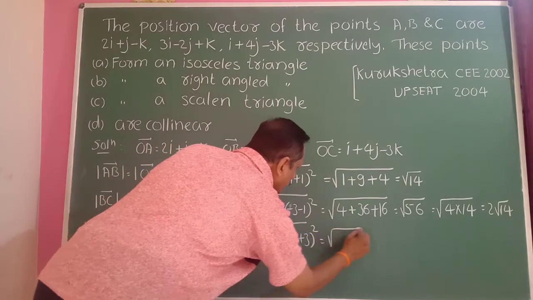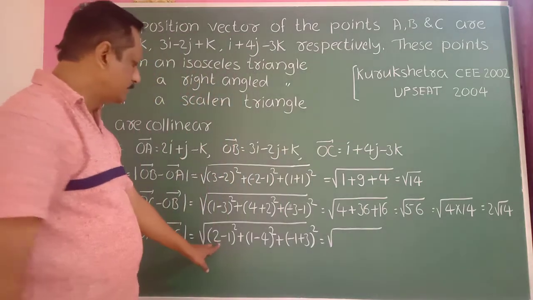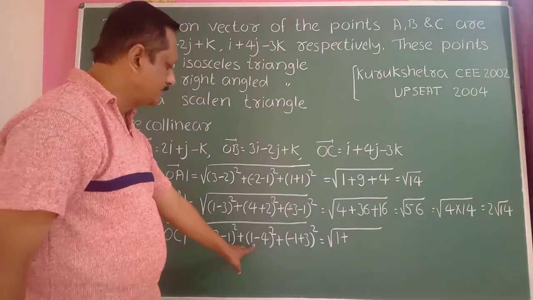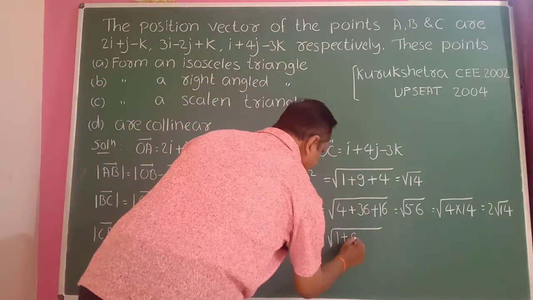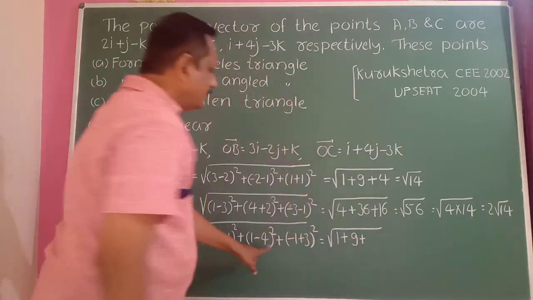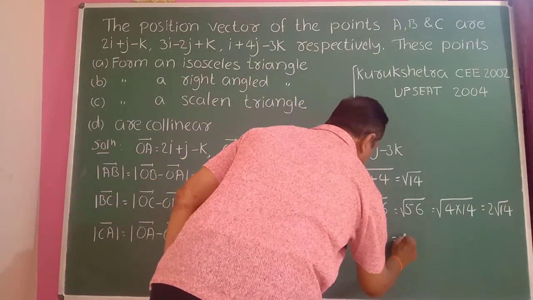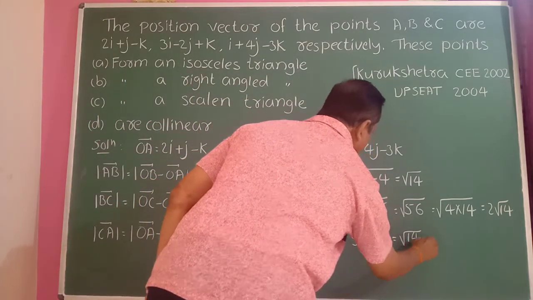That is equal to root of: 2 − 1 is 1, 1 squared is 1. Then 1 − 4 is −3, −3 squared is 9. Plus −1 + 3 is 2, 2 squared is 4. That is equal to root of 14.